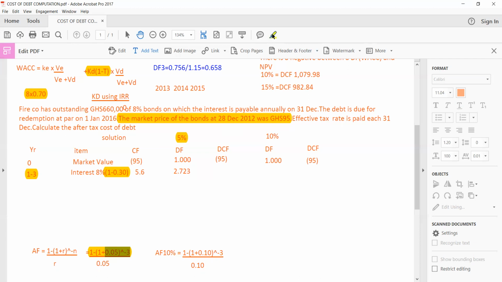Then on the other side we have 1 minus 1 plus 0.10 to the power minus 3, all divided by 0.10. So the annuity factor for 10% for 3 years will now give us 2.487.